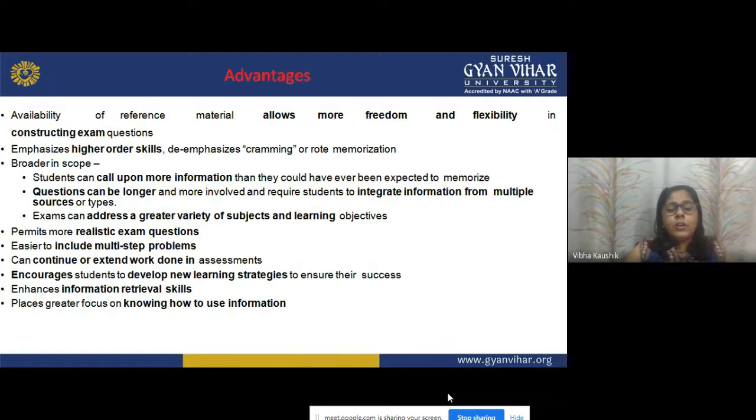Enhancing information retrieval skills, how you can recall or retrieve the information. It places greater focus on knowing how to use information, meaning how you can use that particular information.